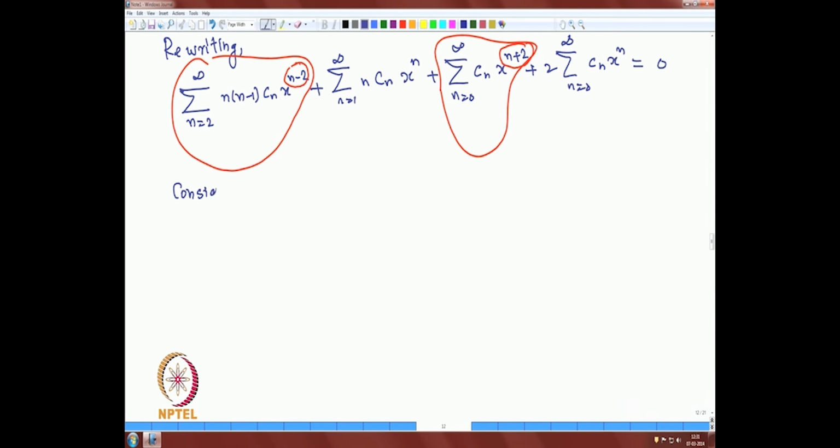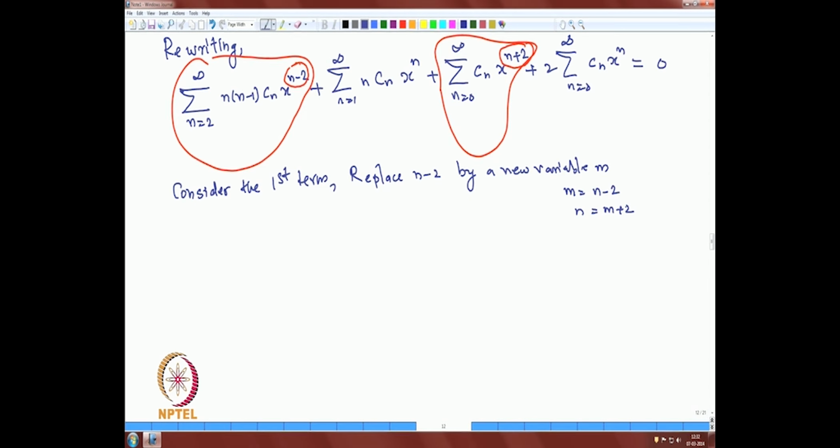Consider the first summation, and replace n minus 2 by a new dummy index m. So, therefore, m is equal to n minus 2, or n is equal to m plus 2.